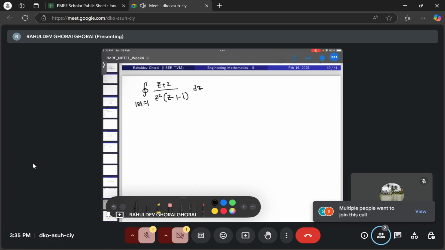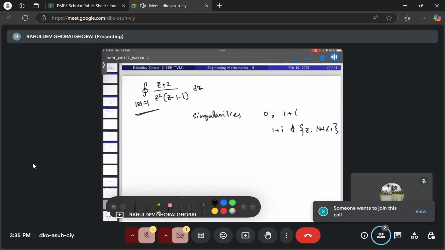Right? So what are the poles? First of all, poles have to be inside this. So first of all, singularities, then poles. Singularities are 0 and 1 plus i, but this 1 plus i does not belong to this z such that mod z is less than or equal to 1.